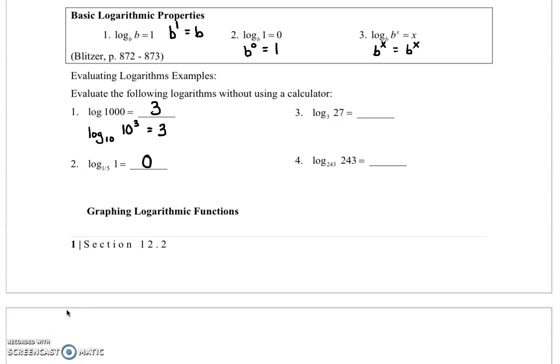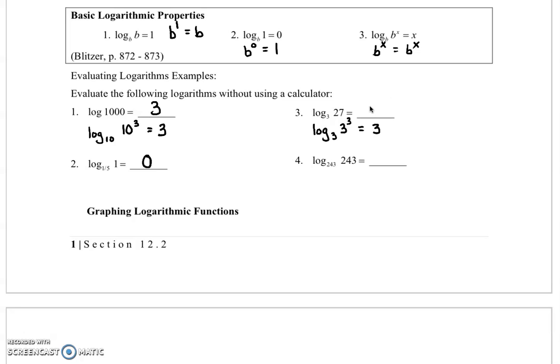Okay, on number 3, we have a log base 3 of a number. So that's not 3. So I think that indicates that we're going to be using property 3 again. So can we rewrite 27 as 3 raised to some power? Well, yes, we can. 27 is 3 cubed. And by property number 3, that has to equal the exponent of 3.